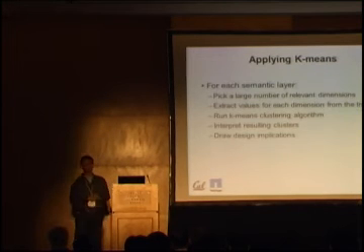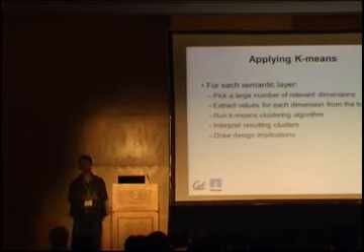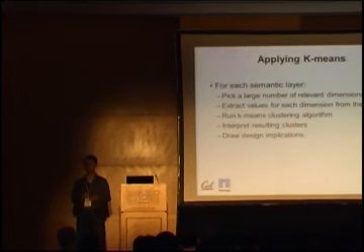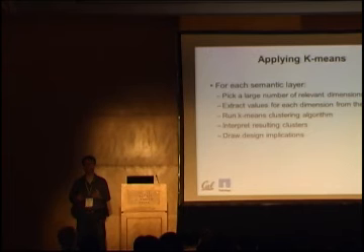So the way we apply this method is that for each semantic layer, in other words, for user sessions, for application instances, for files and directories, first we pick a large number of relevant ways of describing that kind of access pattern.